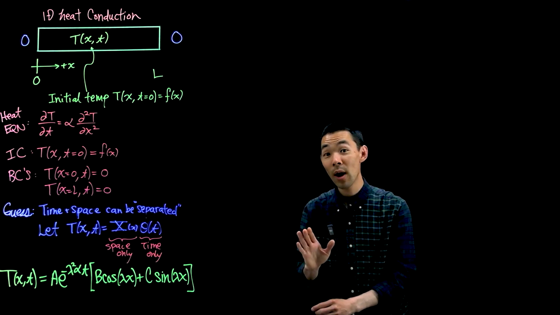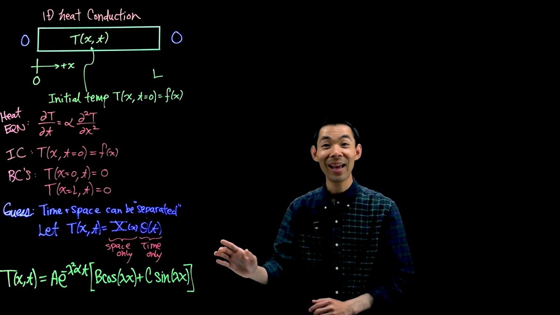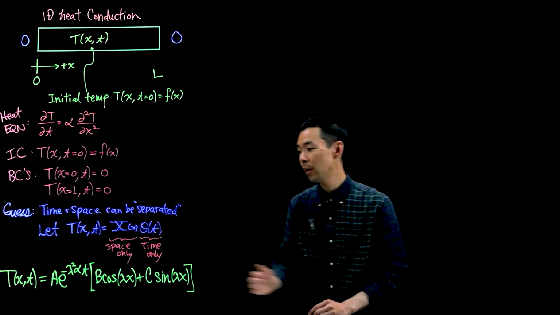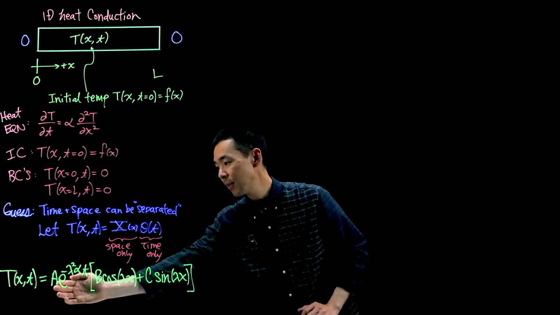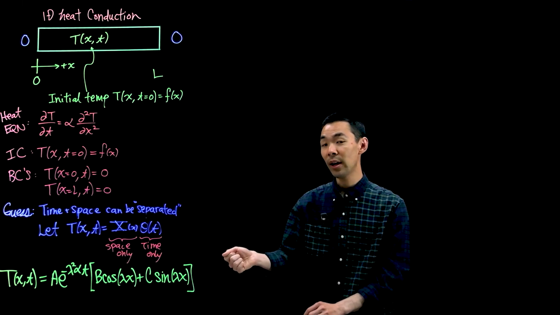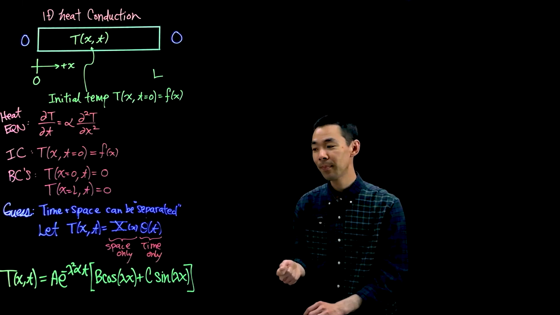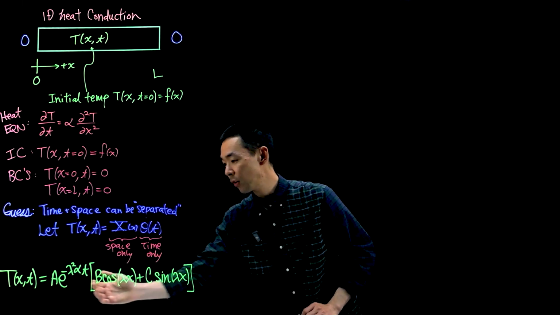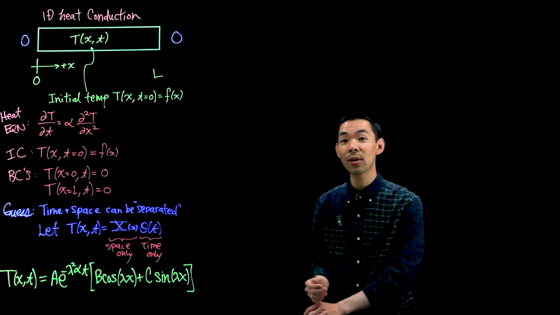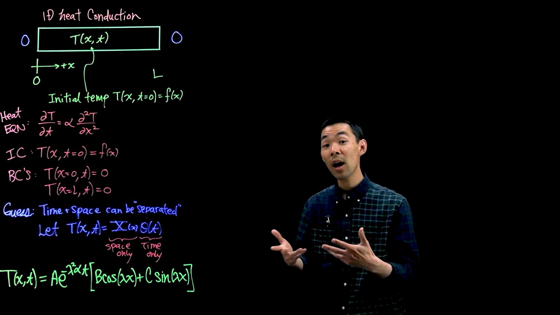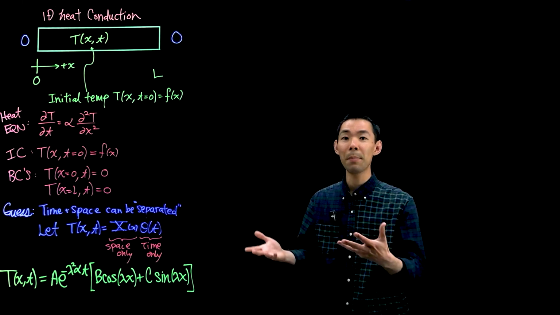Now I'm going to make one minor edit to this term here, where I have a constant a standing out in front. That's the constant of integration that came from the time ODE. And I'm just going to multiply that across to the b and c terms on the right, because a, b, and c are all constants of integration, so they're just numbers.